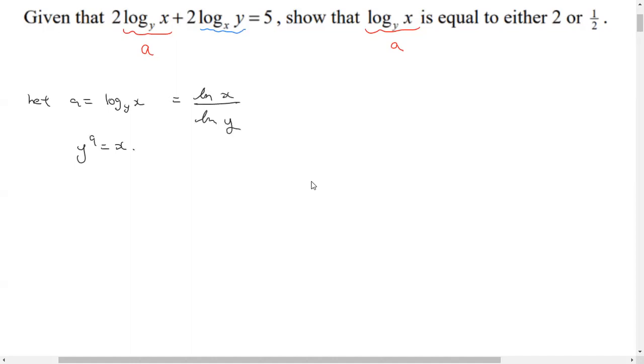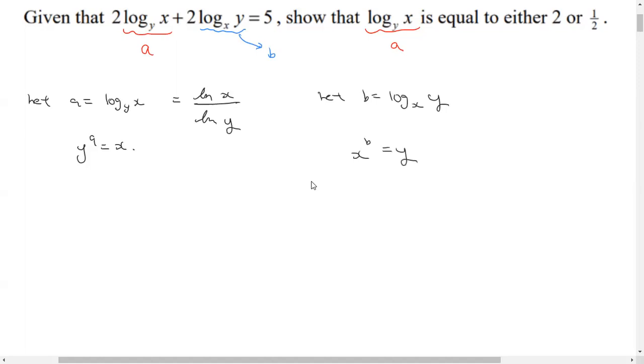Now, on that note, if we let this be b for now, and if we let b equal log base x of y, well, that's really saying, okay, x to the power of b equals y.